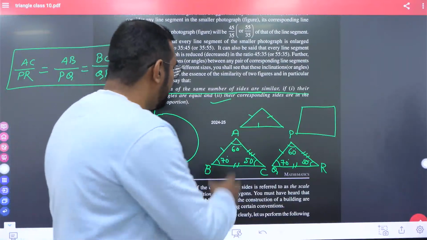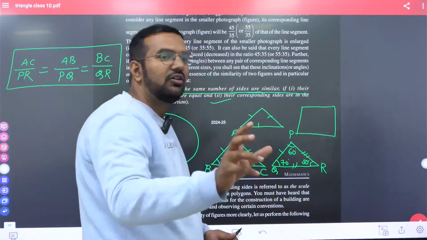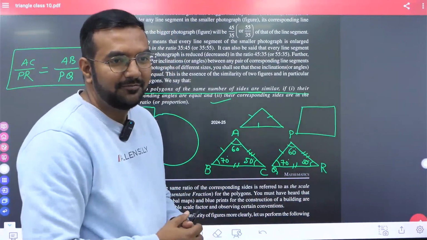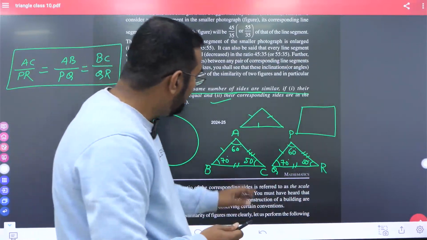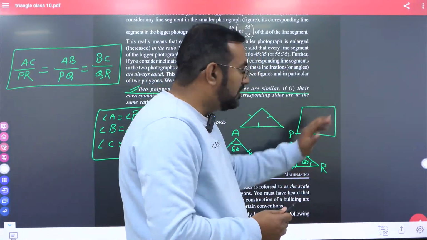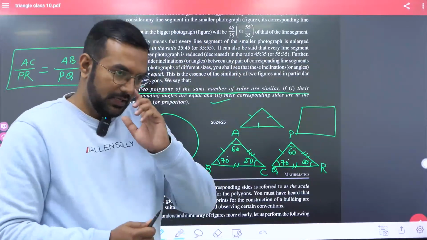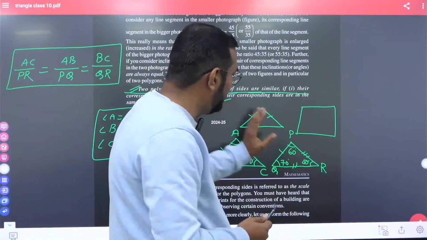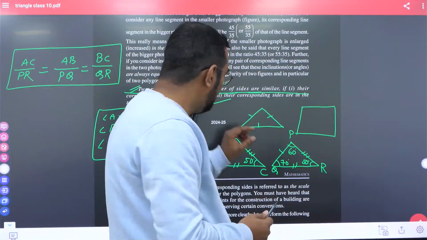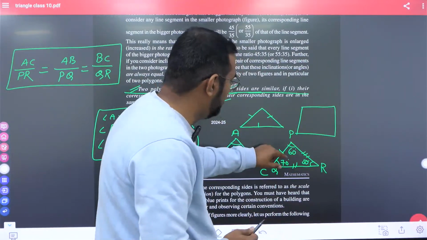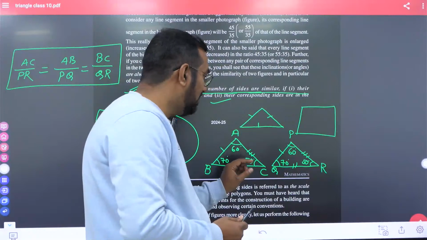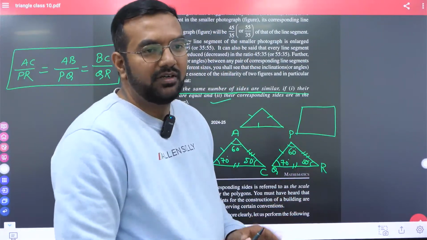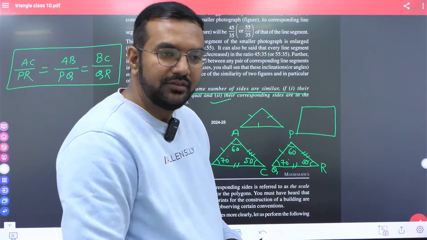If the measurements are there, then you can identify which side corresponds to which. That will be more clear when there is a question, when there are measurements of all the sides.